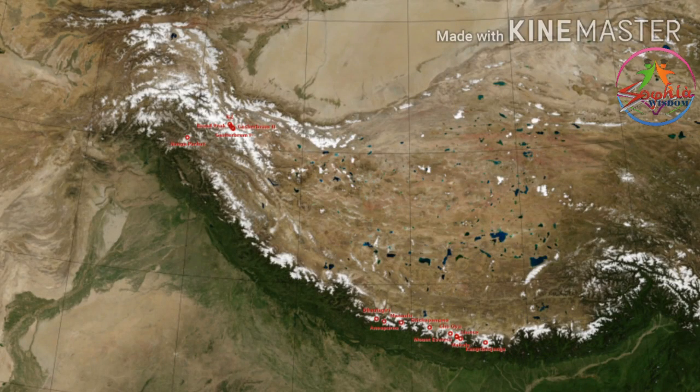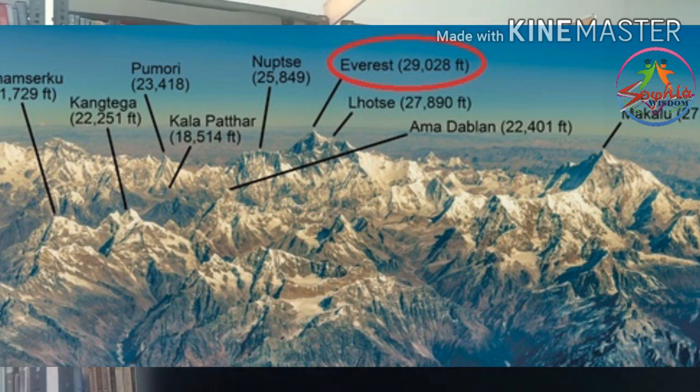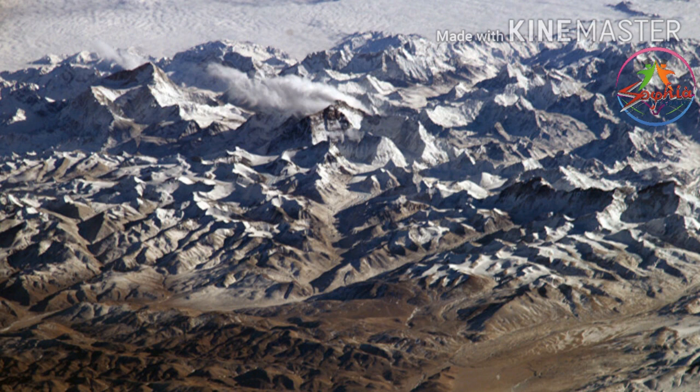When the plate of the Indian Peninsula hit the Eurasian plate, they formed ridges of mountains, which we call today Mount Everest or the Himalayan region, originated as the result of the hitting of these two land masses, namely the Indian plate and the Eurasian plate.